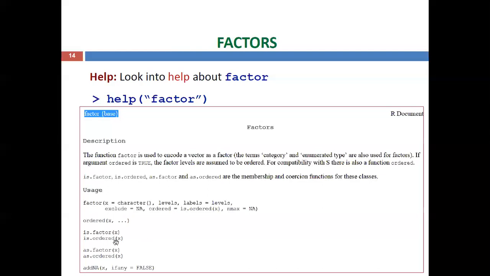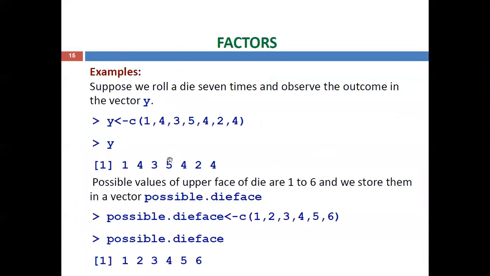So is.factor of x is another one. is.ordered you can also use. as.factor you can also use. as.ordered. Then addNA also. So various possibilities. Here the factor combinations are direct factor, then is.factor, then as.factor. Three combinations are there. Then coming to examples.